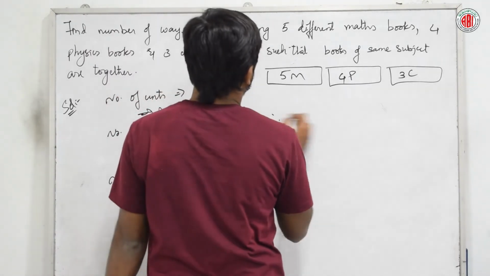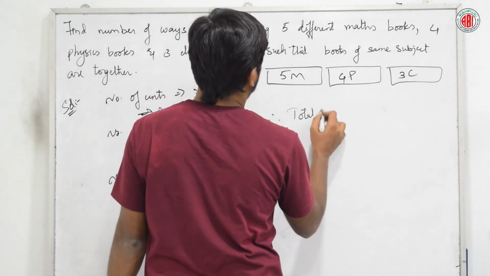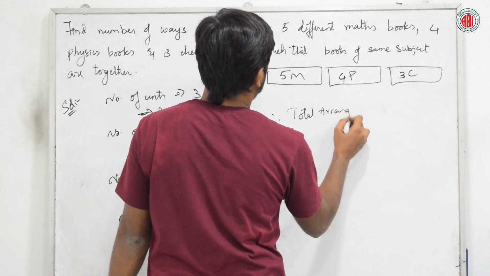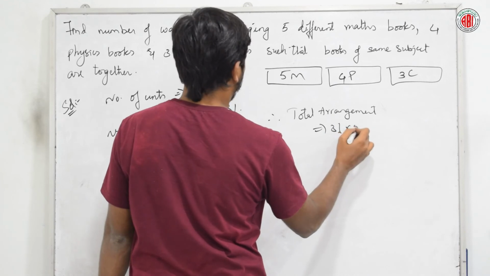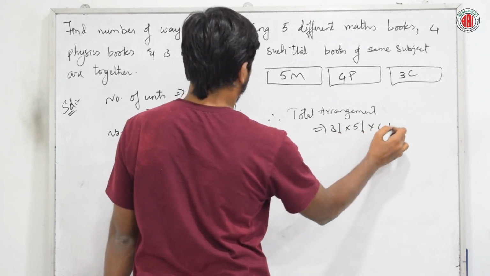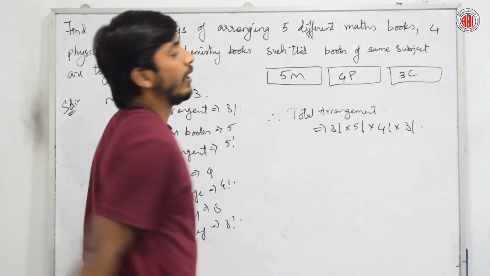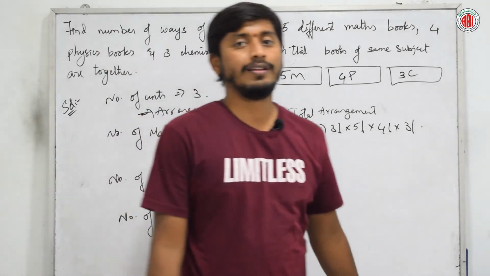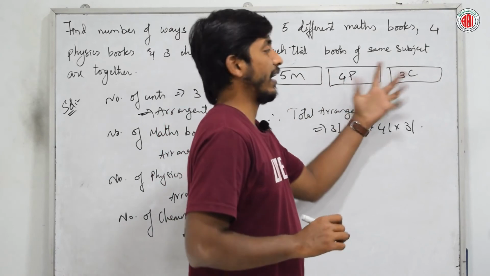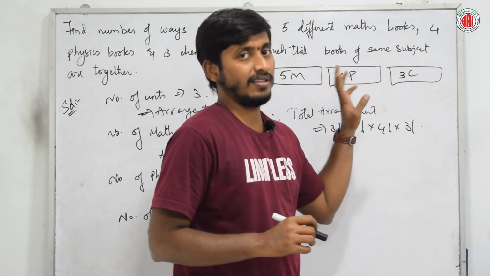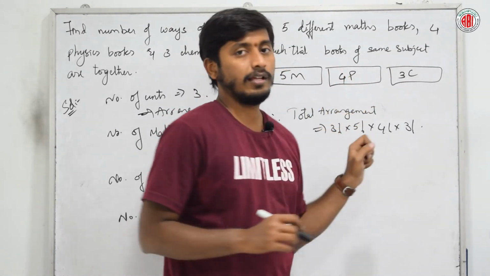Therefore, total arrangement is given by 3 factorial into 5 factorial into 4 factorial into 3 factorial. I can write this also directly. Yes, we have 3 different units, so we can shuffle and arrange these 3 elements as 3 factorial.